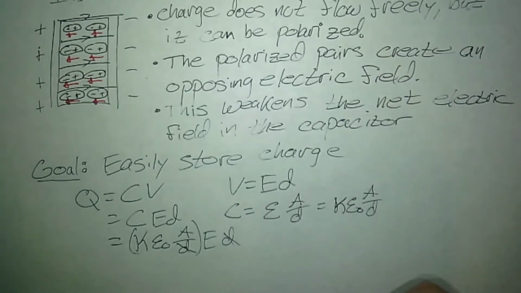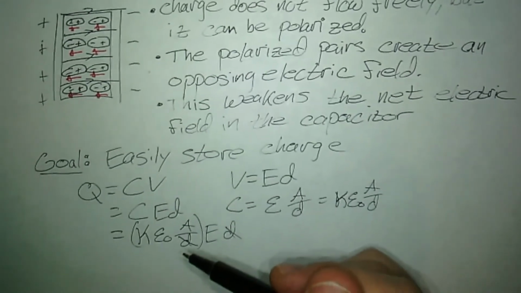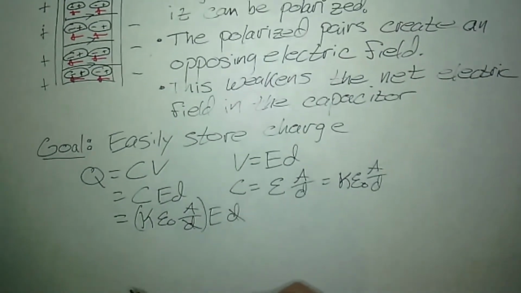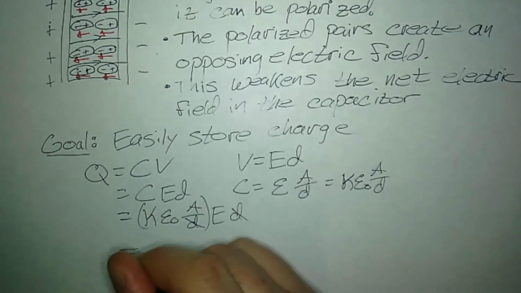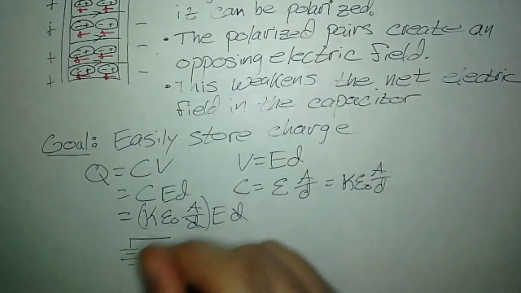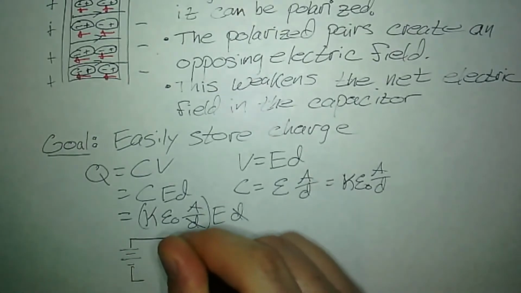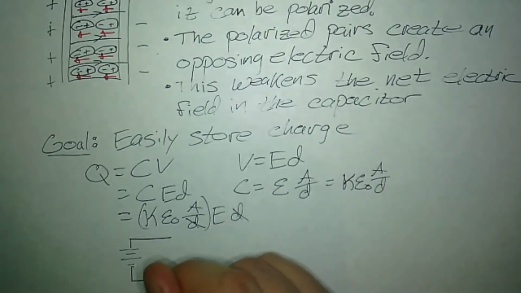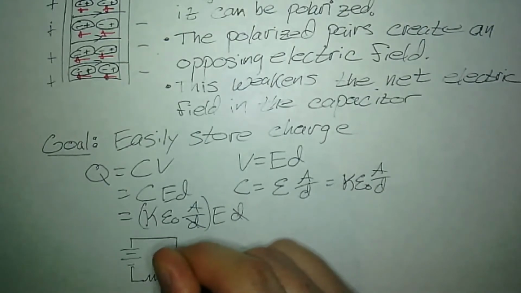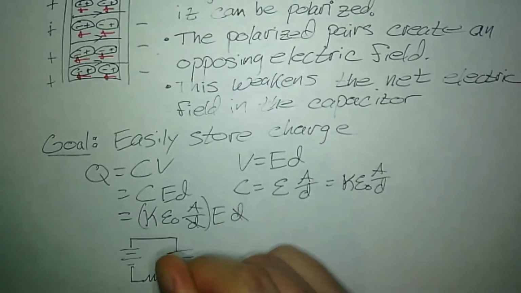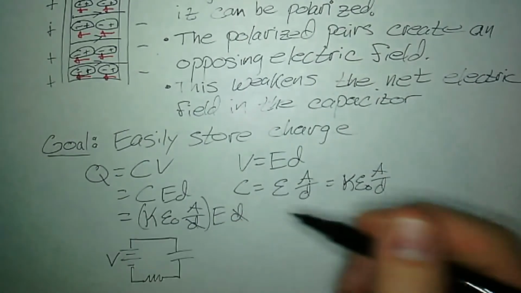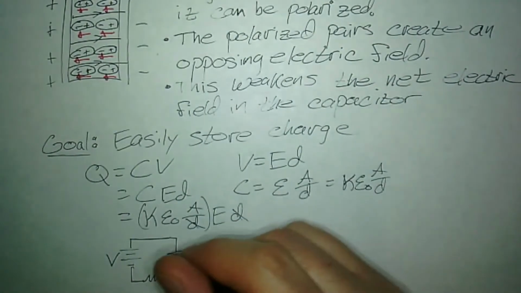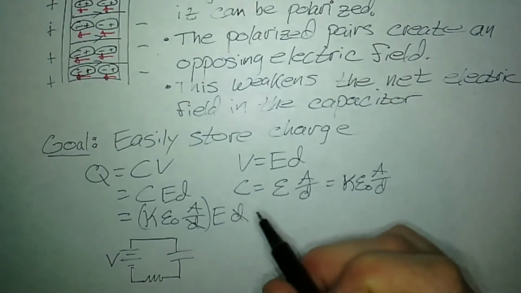Because you have to remember the way this is mostly applied is usually in a circuit. So we're going to have some circuit with a resistor and a capacitor, because you always have to have a resistor in there. So our voltage is actually the thing that's fixed.